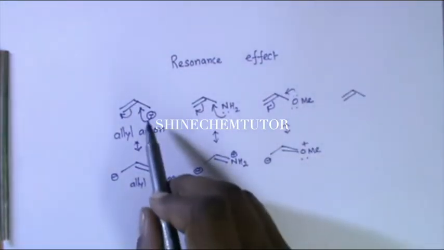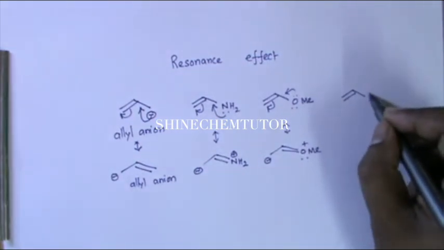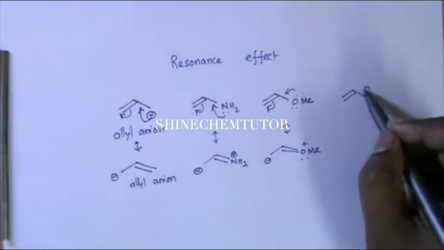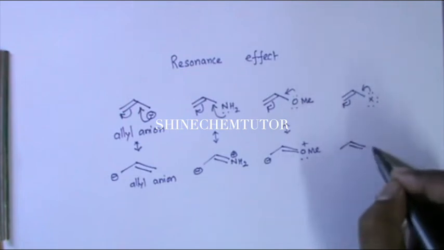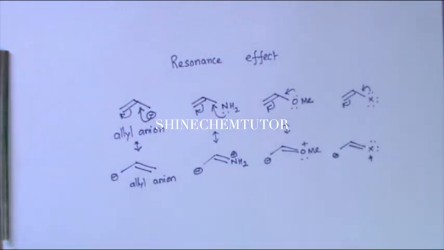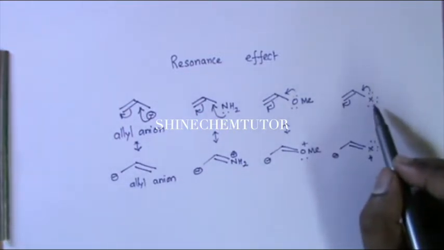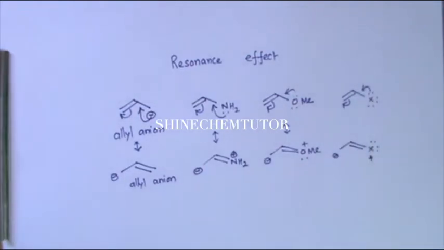Next, carbon, nitrogen, oxygen. The next one, say halogen, which has three lone pairs of electrons. In this case also, there is a possibility. But since halogens are highly electronegative, it will not give the lone pair of electrons readily.